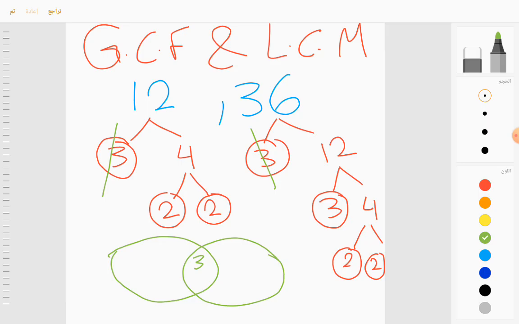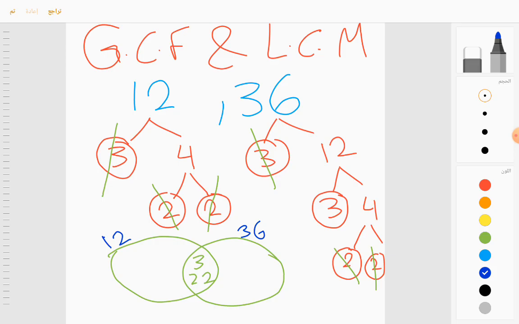Here in 12 I have a factor 3, and there in 36 I have a factor 3, so there is 3 as a common factor. Then 2 and 2, I put 2 as a common factor. Another 2 and 2, which is 2. I put the repeated or common factors in between, and then I write on one circle the number 12, and the other circle is the number 36.